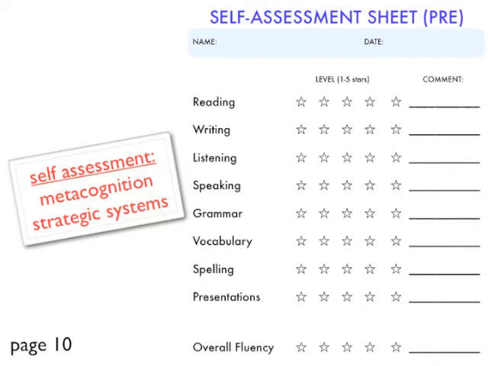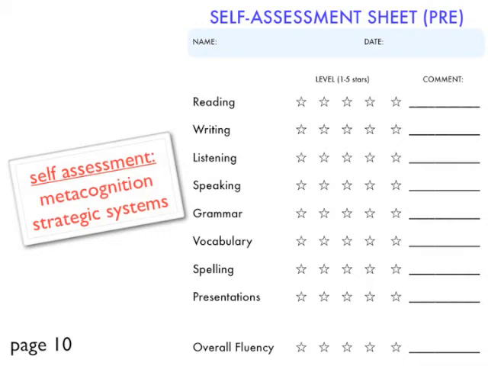Now, there are many reasons for having the students go through this process before they begin their studies. One is called metacognition. The students have the opportunity to think about their own learning processes. When you're forced to think about these things, the brain creates strategies from which to work with, to try to automatically better facilitate learning.